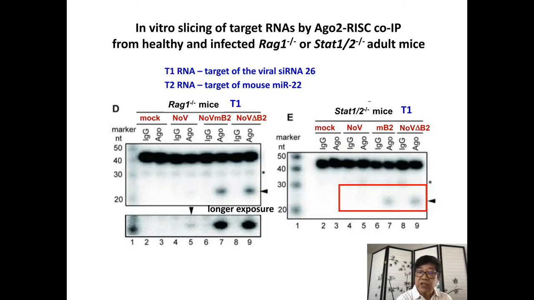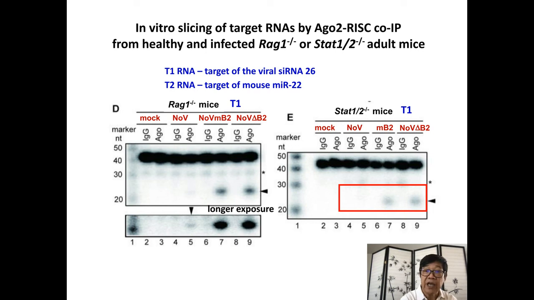We also did the same comparison in STAT1, STAT2 knockout mice. Again, you see infection with either mutant virus triggered splicing of T1 RNA, but not in wild-type virus infected STAT1, STAT2 knockout mice.